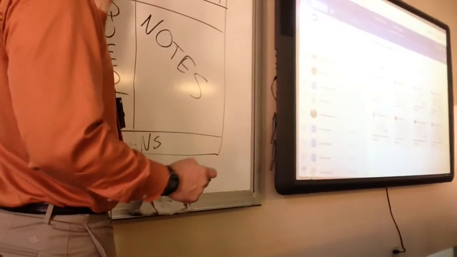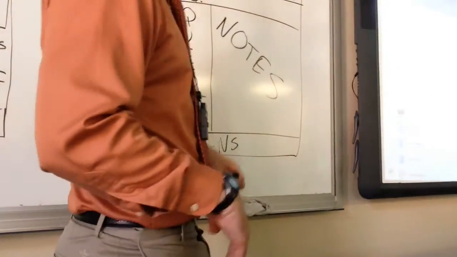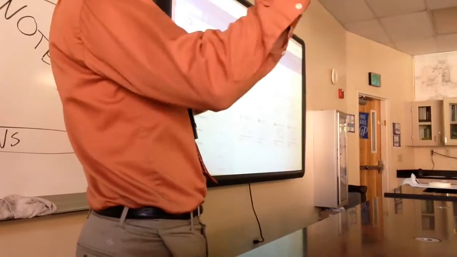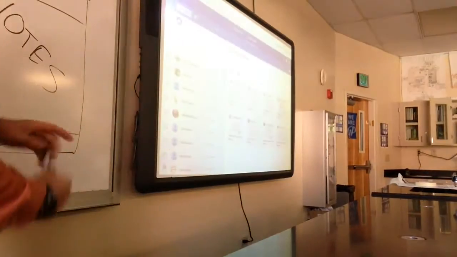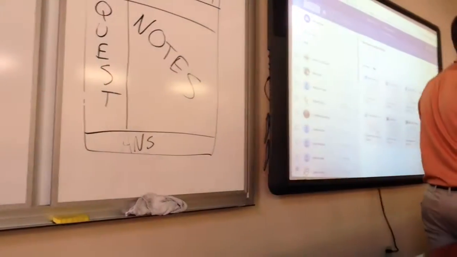So on your paper, first thing, we're going to do this every single time we take notes, is the top corner right here. You can see I put this little box in there for you. You're going to make a little box, and that's going to be the topic of the notes. If you're doing it the average style way, you can see there's a spot where it says topic on yours. So the topic today is Earth formation, or formation of Earth.